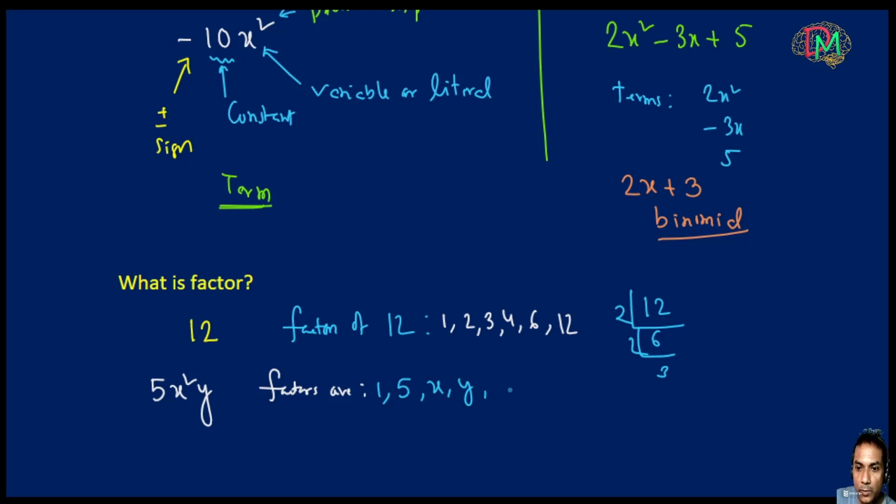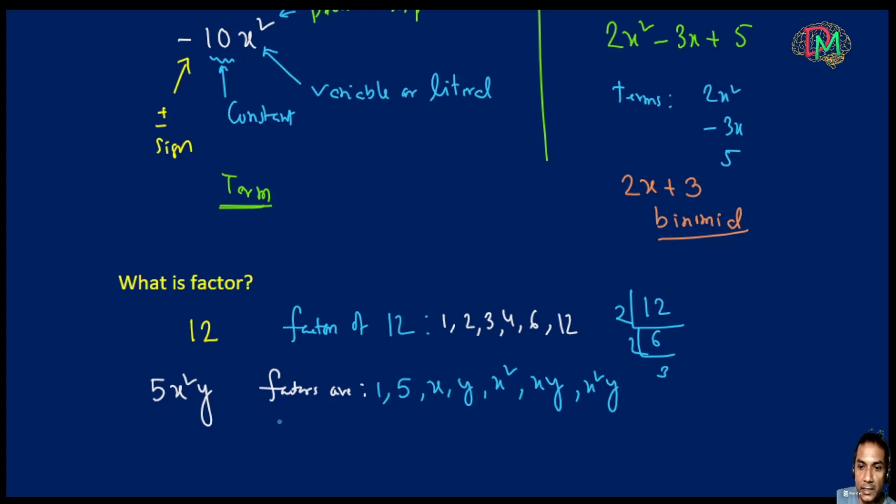You can start from 1, x, y, x square, and then x y, then x square y. These are the factors of 5x square y, and we can say these are all divisors.